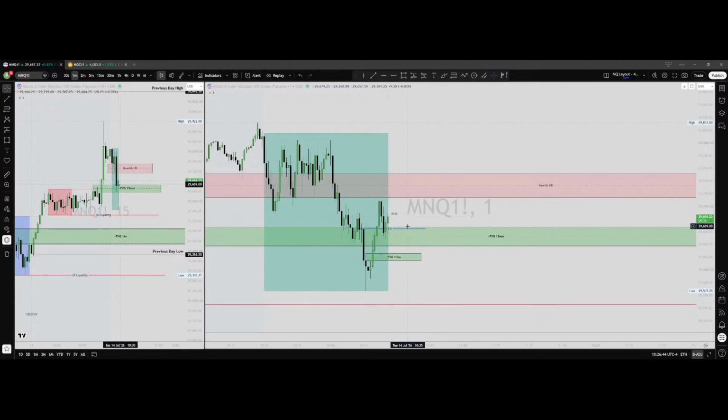And buying takes a lot of time. This is a good V-shaped rejection, but then there should be a continuation. There should be a follow-up that should come, something like this.